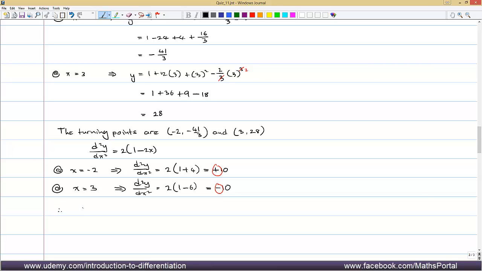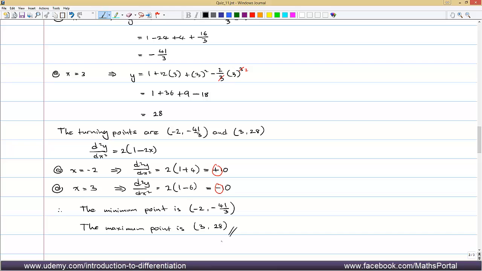Therefore, the minimum point is minus 2, minus 41/3, and the maximum point is 3, 28.